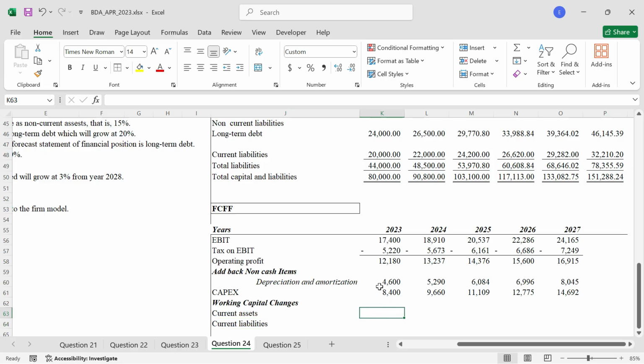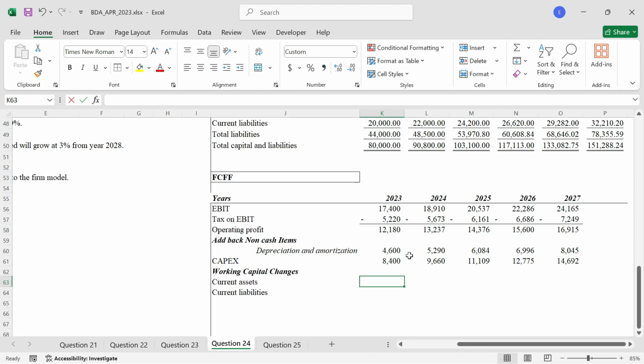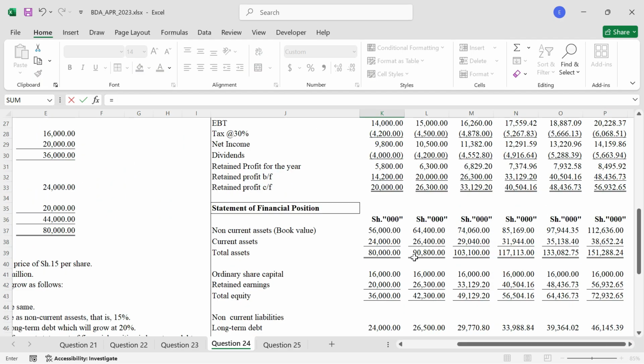So for my current assets, in the year 2023, I have current assets of 26,400, and in the previous year I had 24,000, meaning a lot more people owe me money. Assuming these were receivables, a lot more people owe me money. But if these were inventories, I have spent an amount of money to increase those inventories. So this will be a cash outflow given as the lower value minus the higher value.